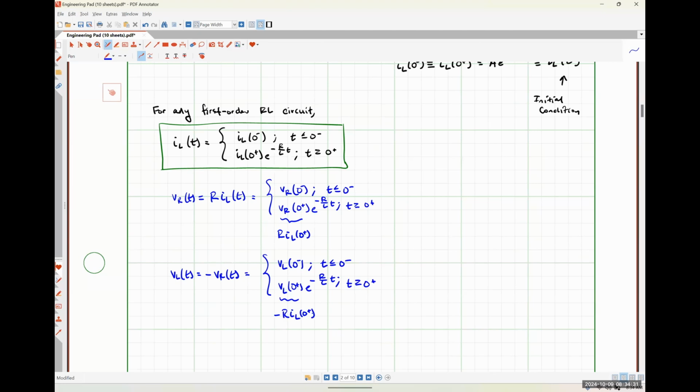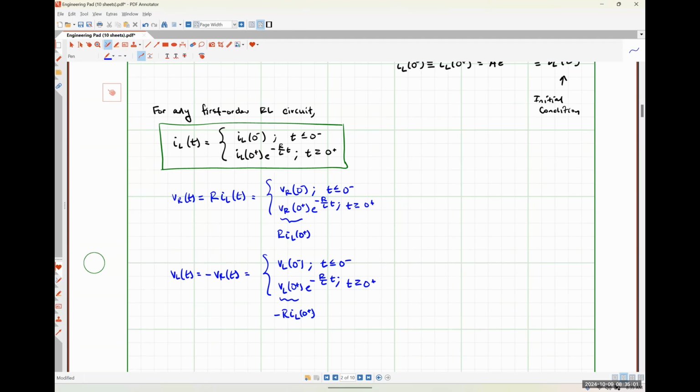My resistor current is just the exact same thing as my inductor current. So effectively, what I'm trying to drive home here is that if one of our signals, in this case our inductor current, is an exponentially decaying signal, then all of our signals have to be exponentially decaying signals. If they weren't, Kirchhoff's voltage law and Kirchhoff's current law would not be satisfied.